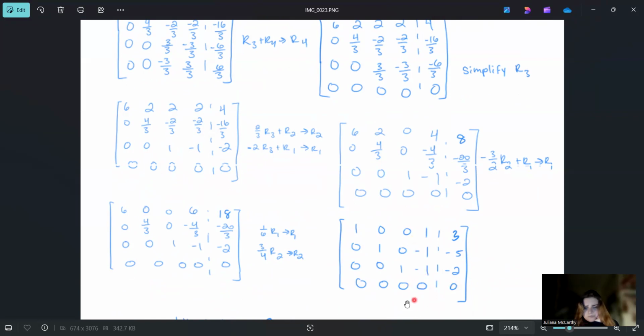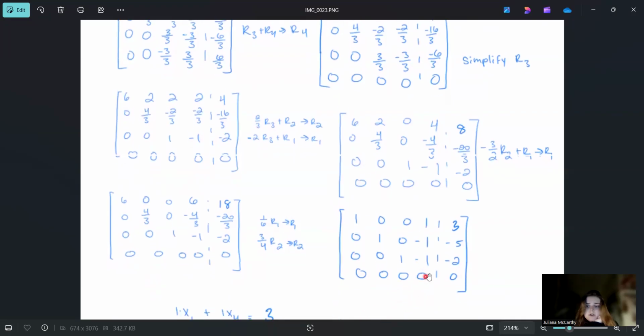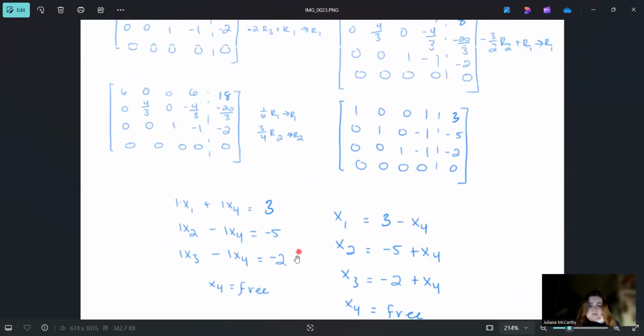We see that we only have 3 pivot columns, but we have 4 columns total. So we're going to have a free variable. x4 is going to be free, and we use that to find the rest of our x's.